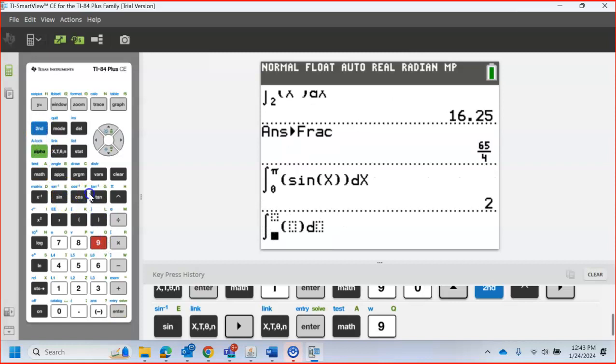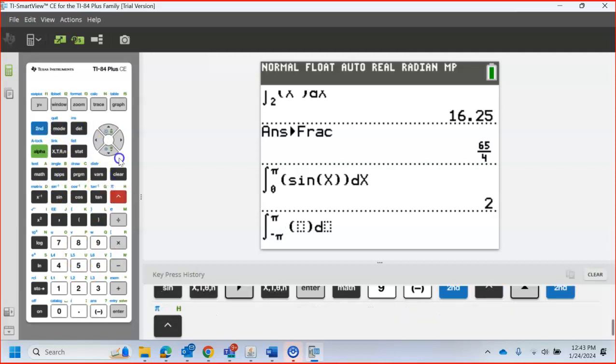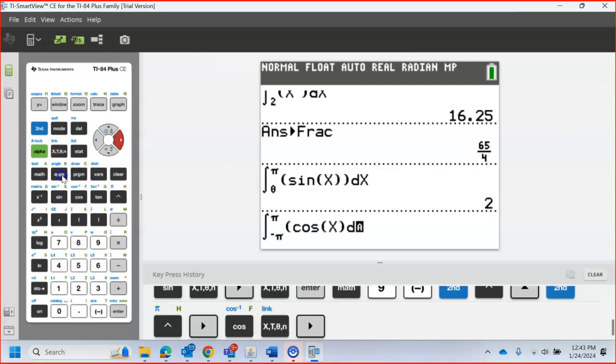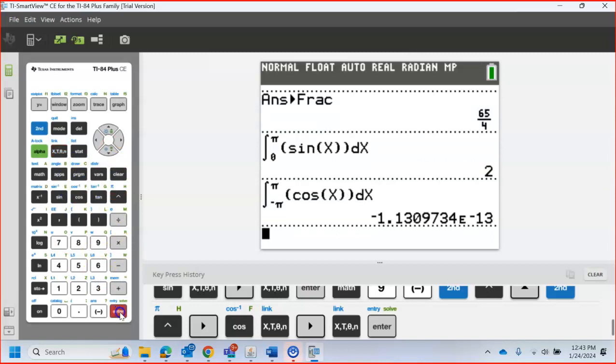Maths 9, negative pi to pi, cos x dx. That is actually negative 1.13 times 10 to the power negative 3, a very small value which is equivalent to 0.